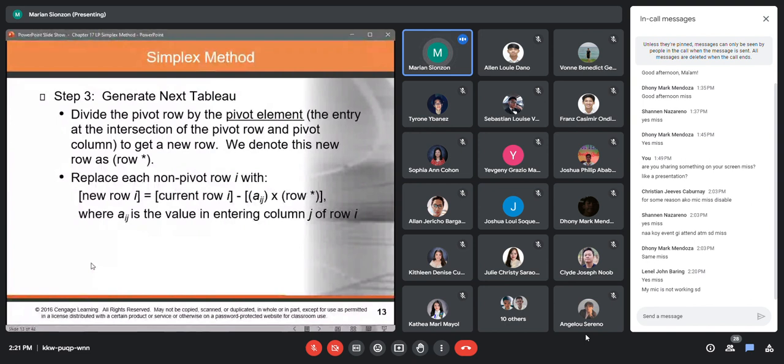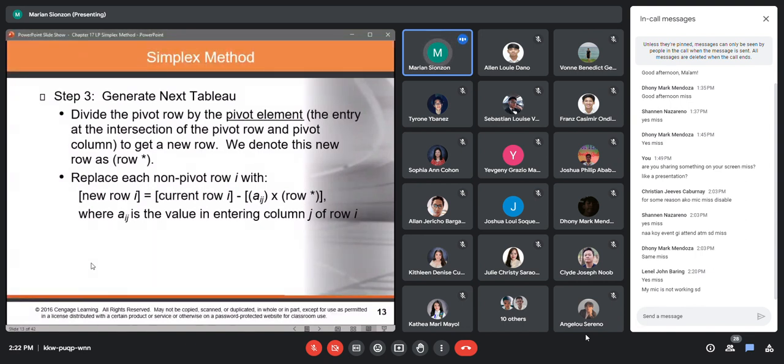Or what we call the replacing row. It is a row that will generate all the other rows in the same table to come up with a new one. Replace each non-pivot row i with the new row, which is the current row minus the A sub ij times row asterisk, and so on.